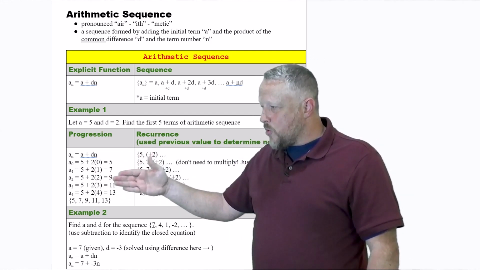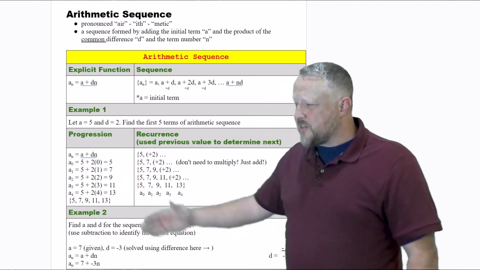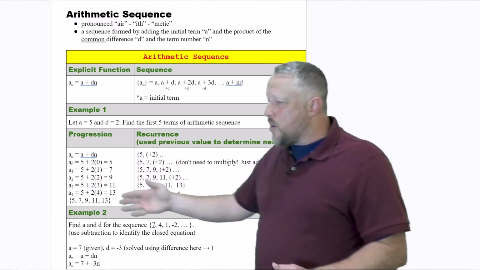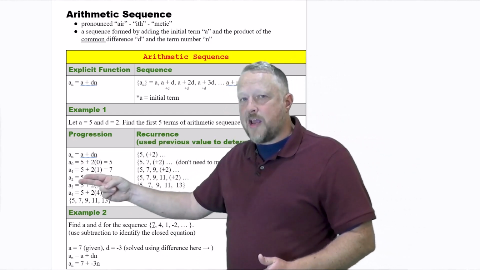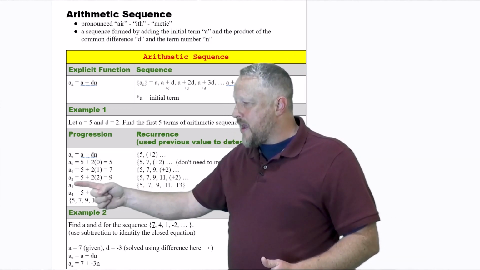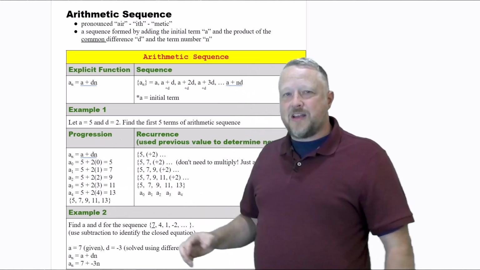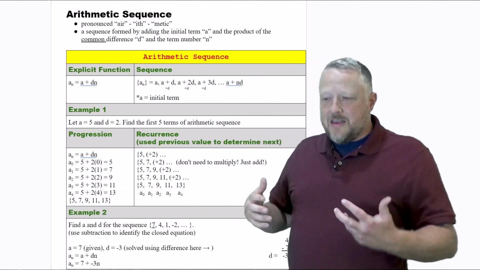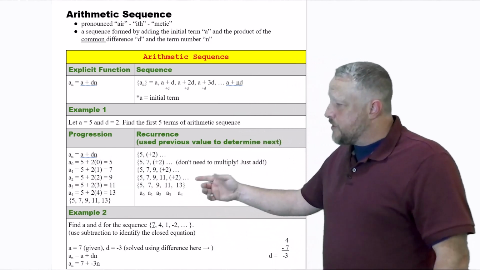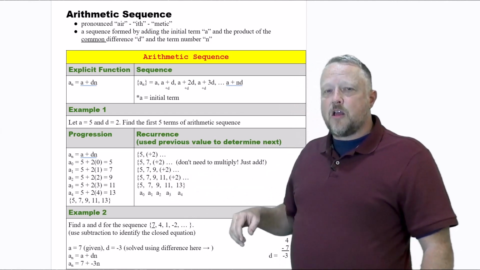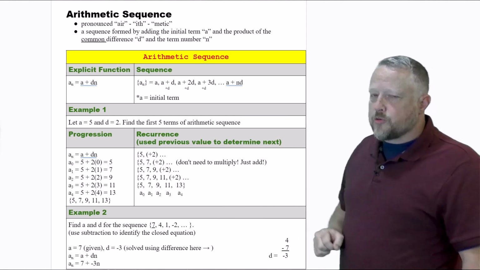And you'll notice I'm going all the way down here to do the exact same thing. But I didn't need a previous equation to help me figure out what it was at that current location. Notice I don't have anything about A of 2, which ends up being 9. 9 wasn't used anywhere else in this overall set to help me get to the next value, whereas in a recurrence, I had to use 9 to say, okay, what's 2 more than 9? That's 11. So big difference between the two of those.